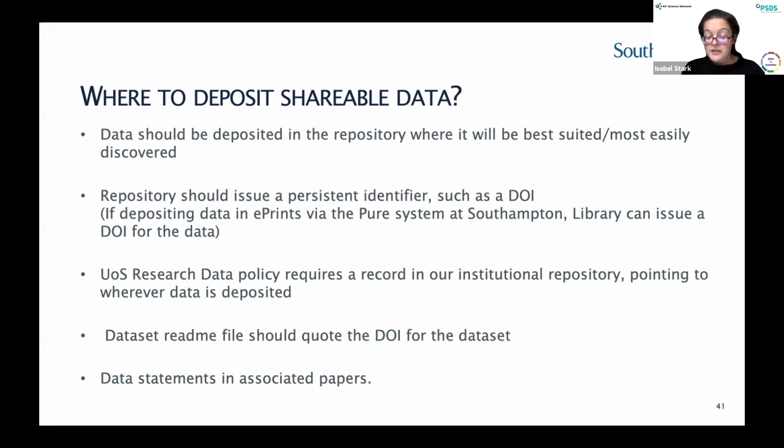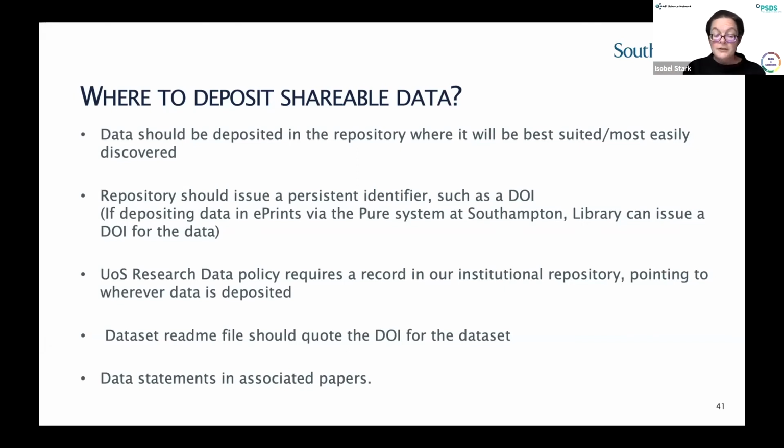Many universities within the UK will also require you to put a record in their institutional repository, even if you've got your data held elsewhere. That is because of funding requirements from the UK research councils. So if you do put your data elsewhere, tell your university repository where it is. Otherwise, your institution will not necessarily know where all the data that was created in the institution is being held.